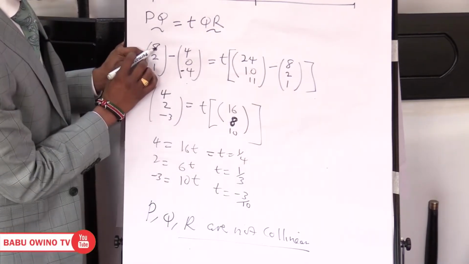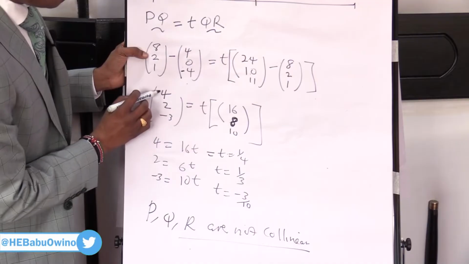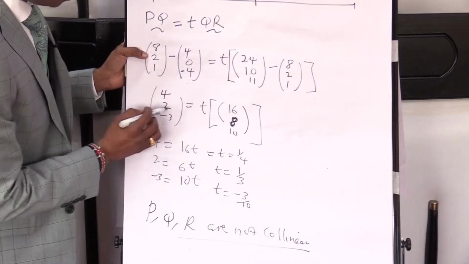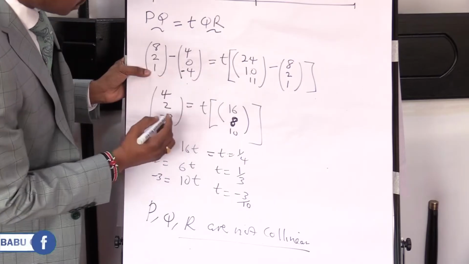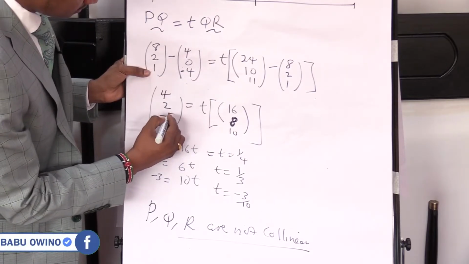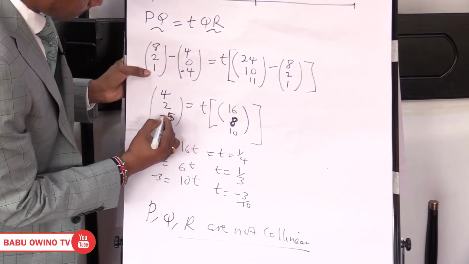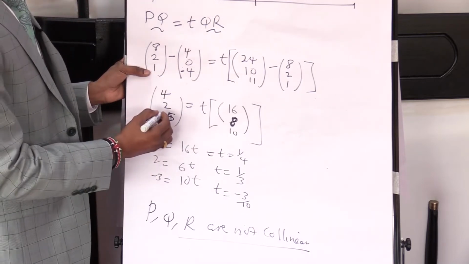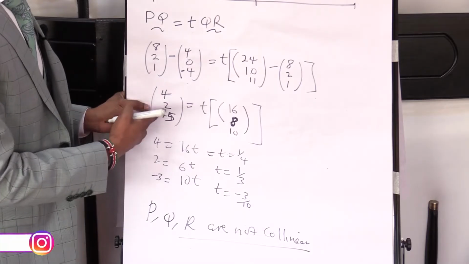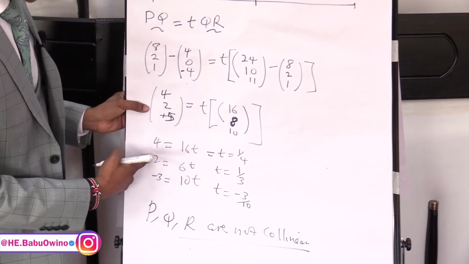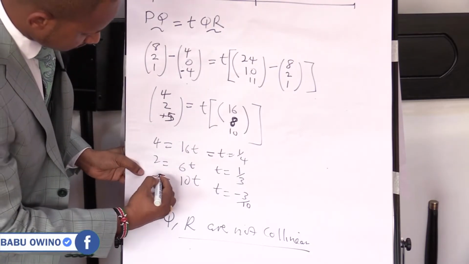So 8 minus 4 is 4. 2 minus 0 is 2. Then 1 minus minus 4 is 5, not minus 3. This is like plus 5, which is 5. So here we have 4, 2, then 5, not minus 3.